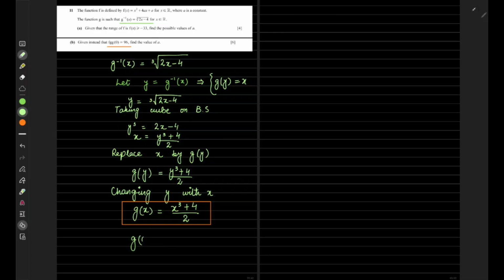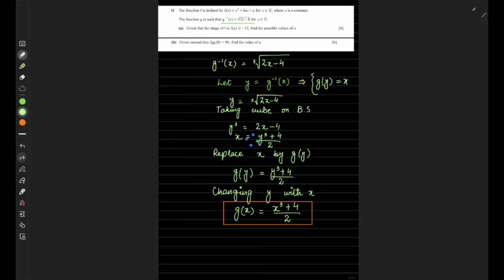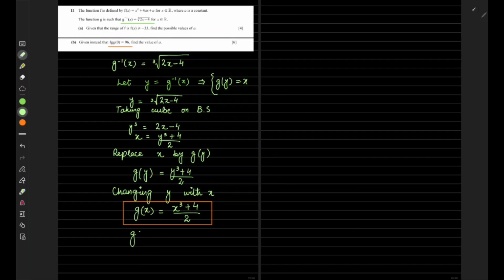So first I'm finding g of 0. g of 0 will be 0 plus 4 over 2. 4 over 2 is 2, so that becomes 2. Okay, so first we have done g of 0.